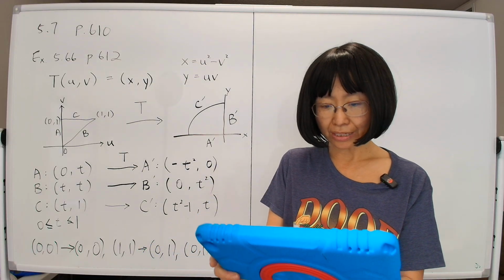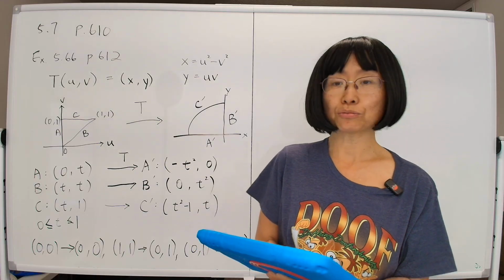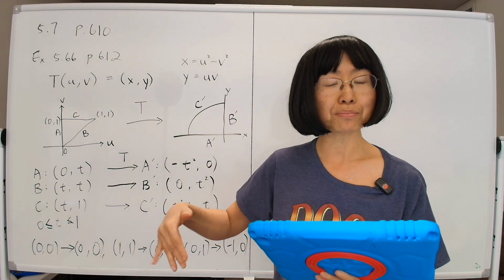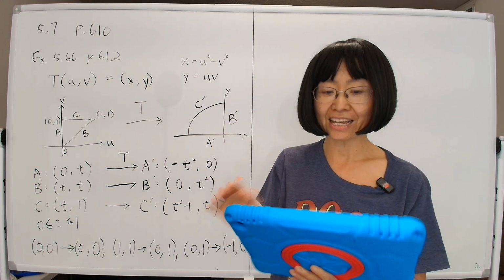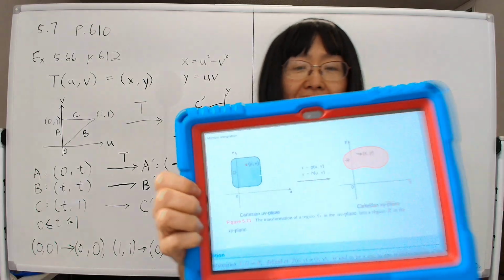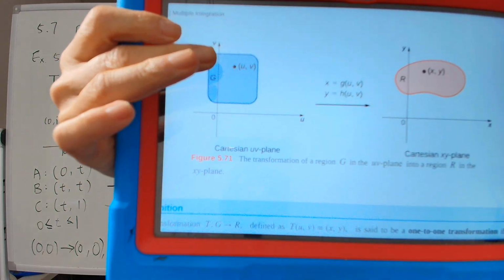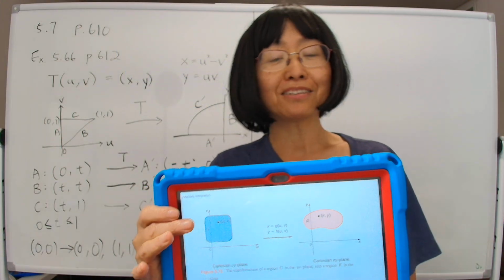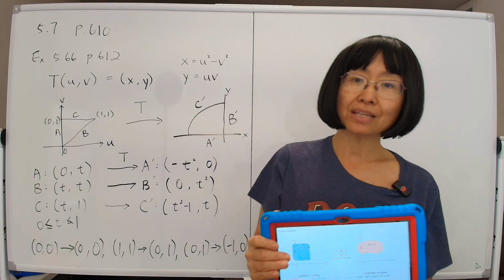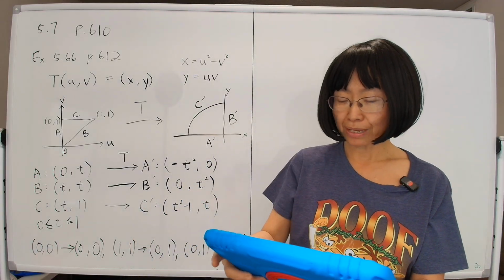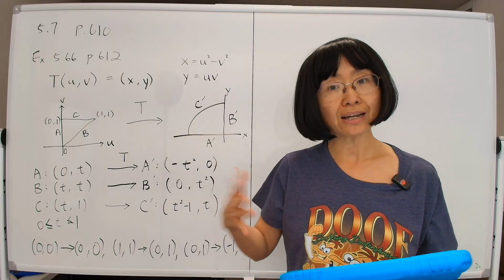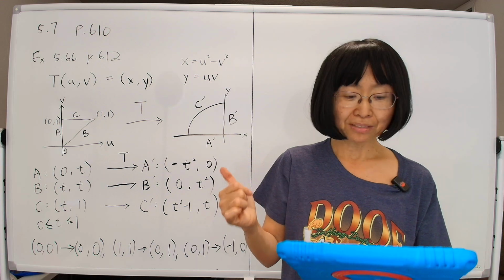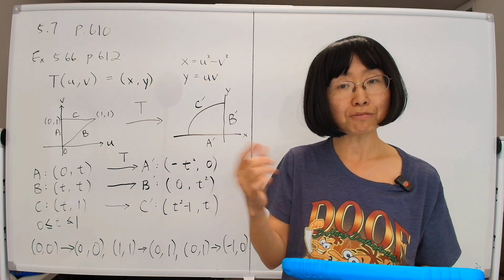I should first mention that a transformation is considered one-to-one if each point lands in its own unique point. No two points land in the same spot. Everybody gets their own spot to jump to. When (u, v) jumps over to (x, y), two of them are not going to smack into each other because they landed in the same spot. If that is the case, it's called a one-to-one transformation. To check if a transformation is one-to-one, you pick two random points and see what happens if their results are equal.